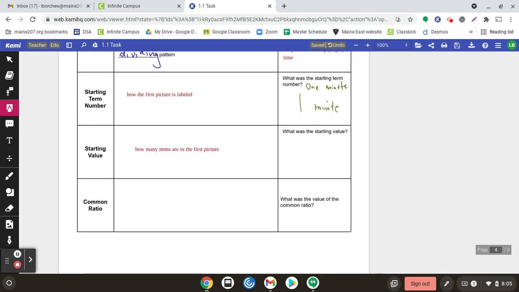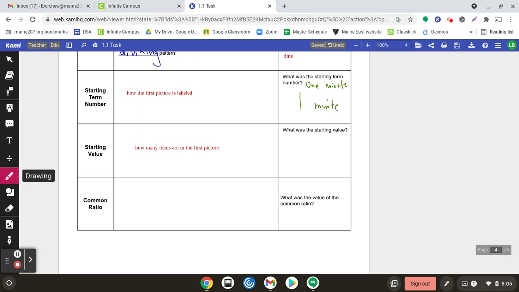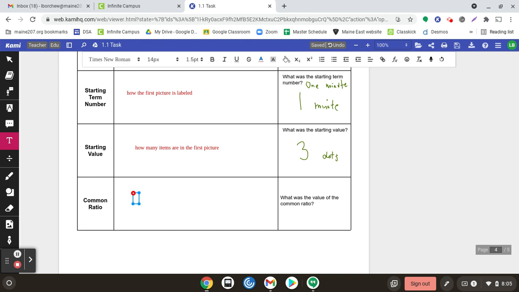So going back to page 4 in my table, I would say the starting value is 3 items, and our items were labeled as dots. The common ratio is what we call a geometric sequence, not common difference. That was the above arithmetic sequence on page 3.